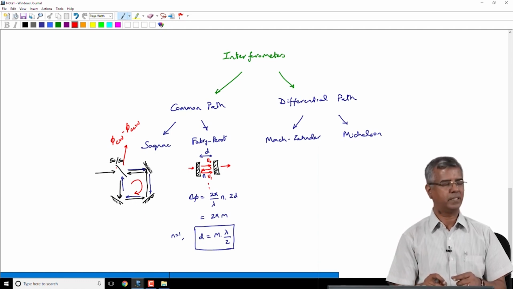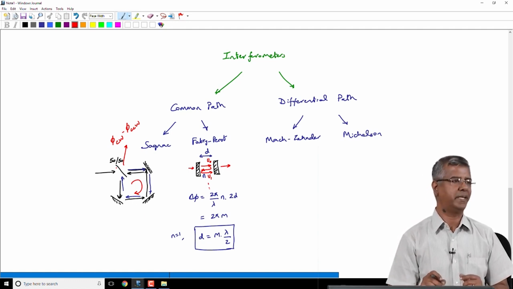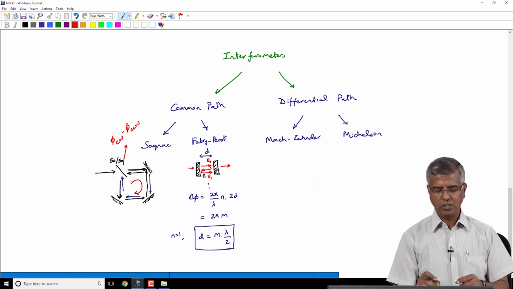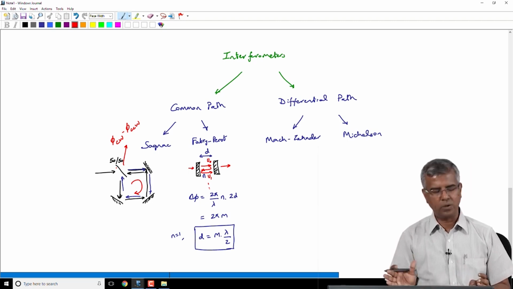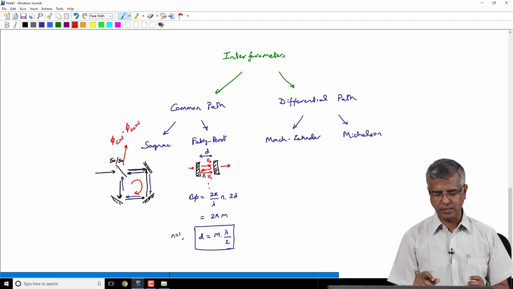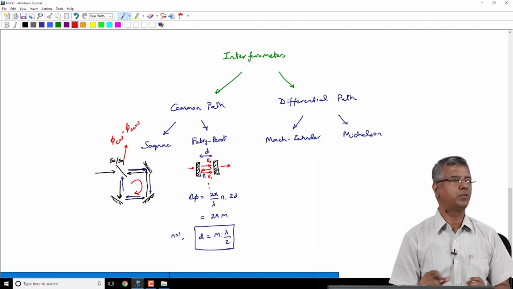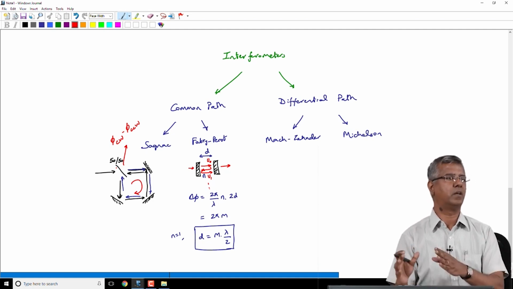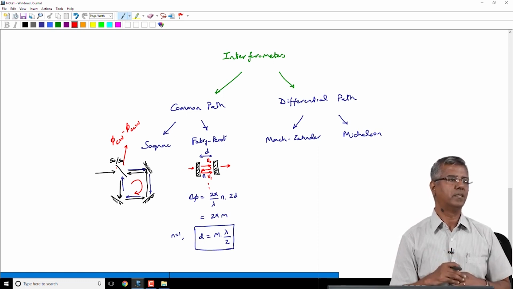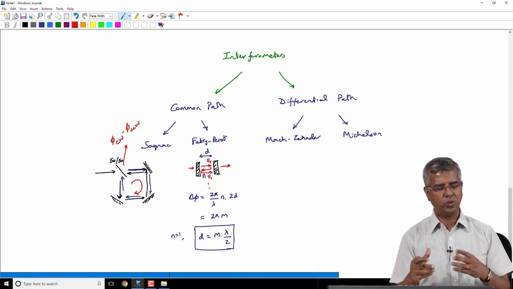I mean, where that is located. Okay. So, effectively, if you go in the clockwise direction, the counterclockwise beam will reach that 50-50 splitter first compared to the clockwise beam. For the clockwise, it's actually a slightly longer path.